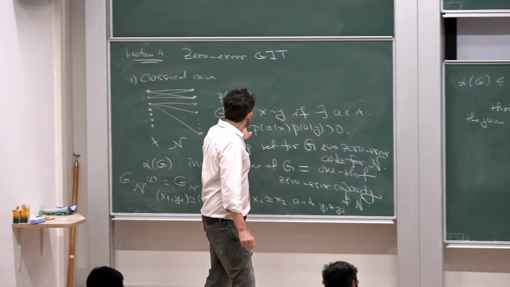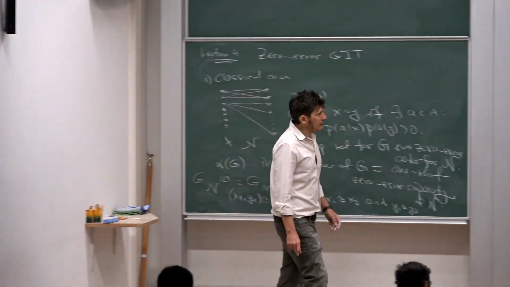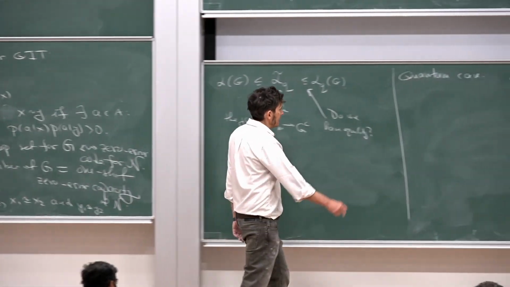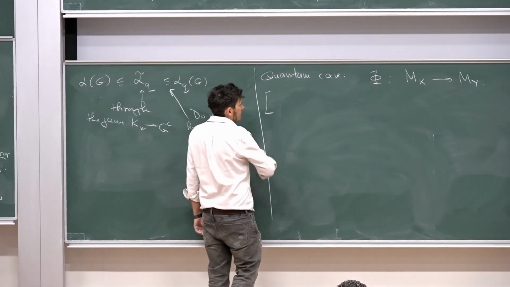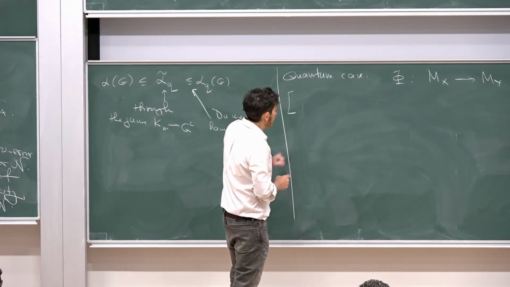Now, looking back at what it means in the classical case, transmitting with 0 error means that I was able to find, so this is just the motivation, why is this kind of the right definition?